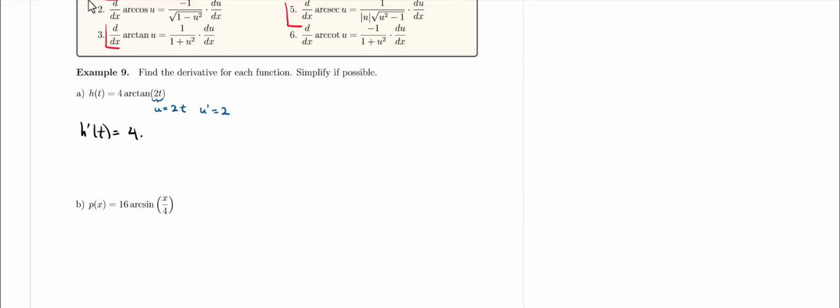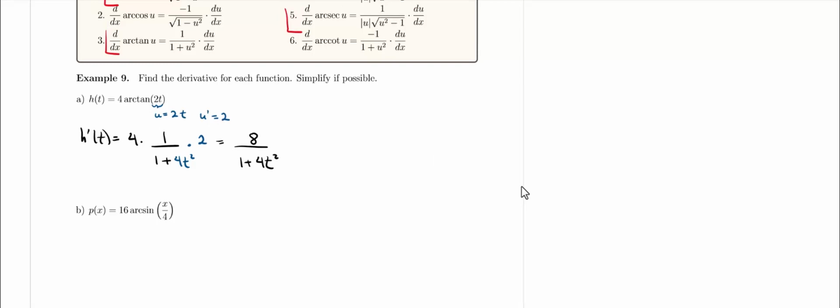Well, as we derived it, we know it was going to be 1 over, switching the x's with the u's, 1 plus u squared, our u being 2t, so now we're going to have 1 plus 4t squared, times the derivative of u, which is 2, giving us our final answer of 8 divided by 1 plus 4t squared.